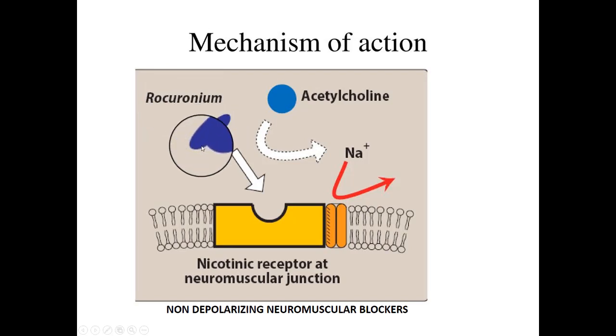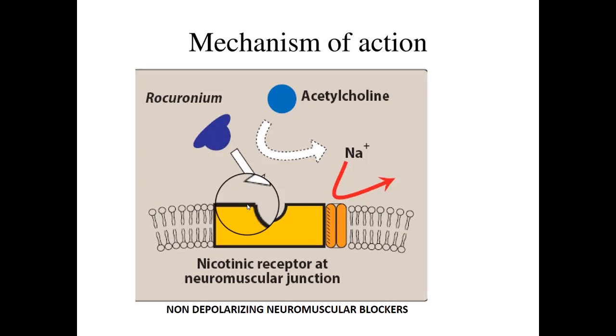When this binds to the acetylcholine receptor, what does it cause? It does not cause any change here, in contrast to the depolarizing type. In the depolarizing type, there is depolarization, but this depolarization is quite prolonged, so no new action potential is generated and the muscle is paralyzed temporarily.